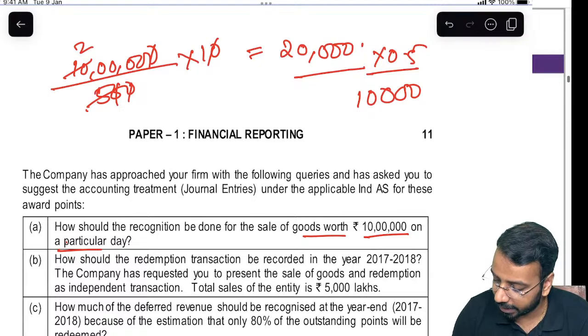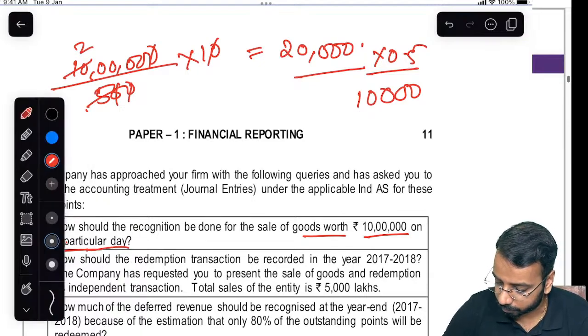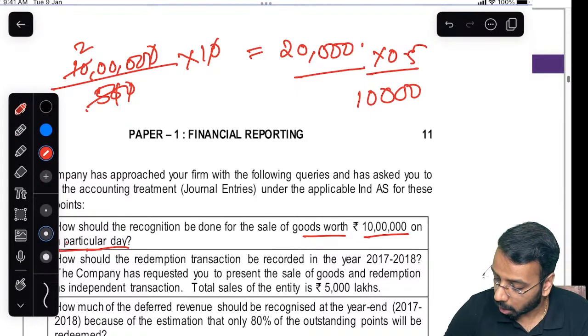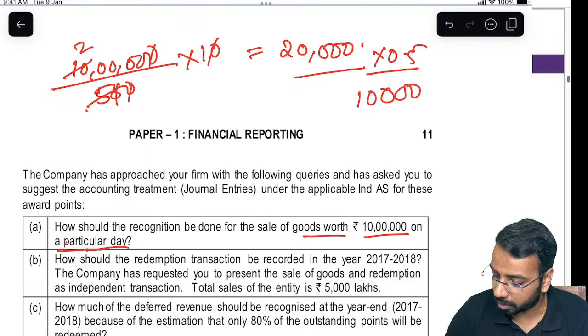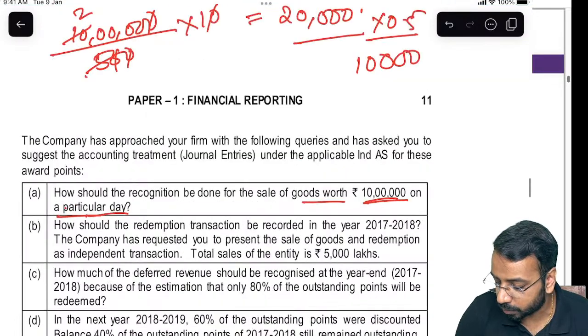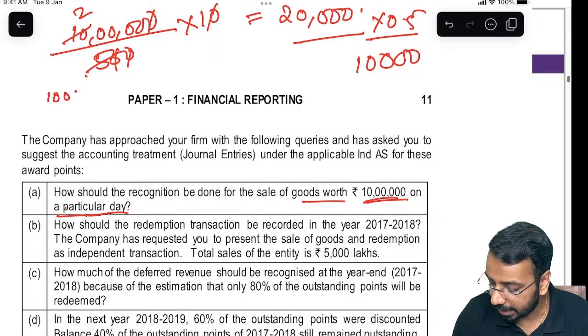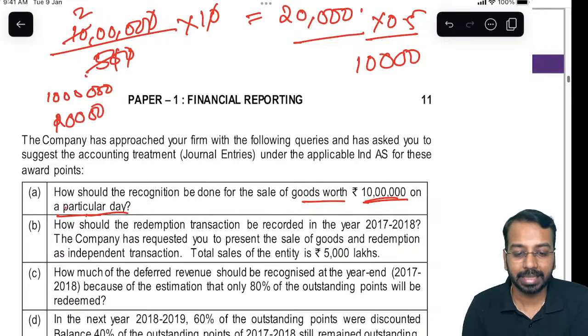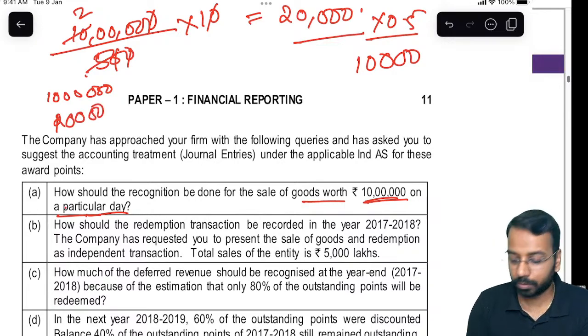On a particular day, I am selling 10 lakh worth of product, and I have given 10,000 worth of points.